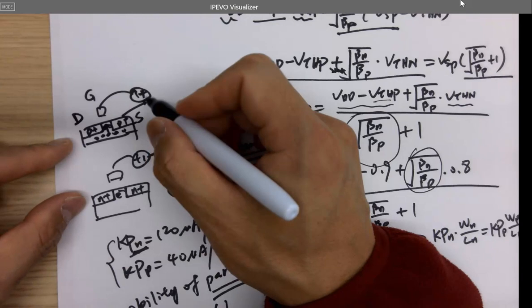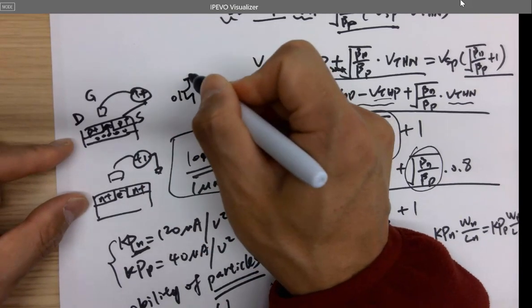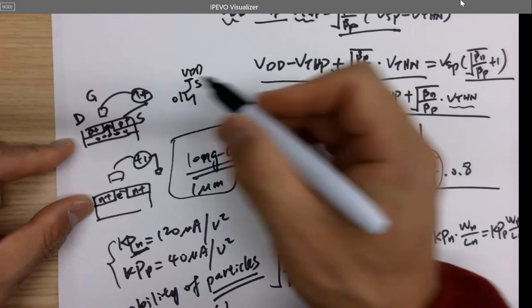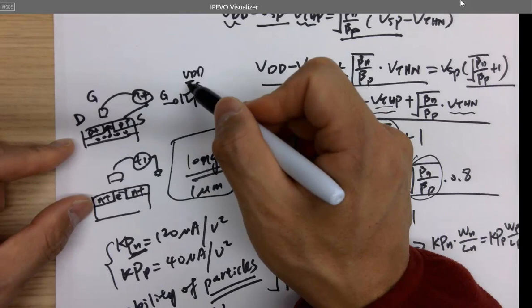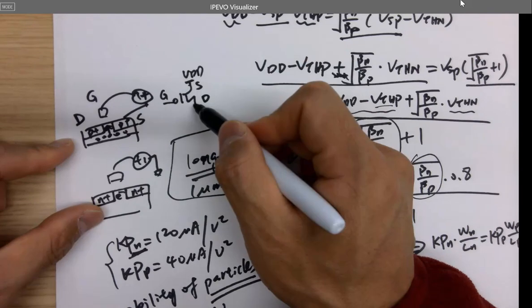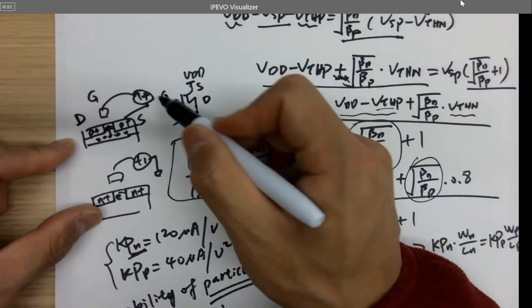Source, okay? So that's why you have PMOS sources connected to VDD. Keep in mind, for PMOS, source is on the top, it's connected to VDD. For NMOS, source at the bottom is shorted to ground.